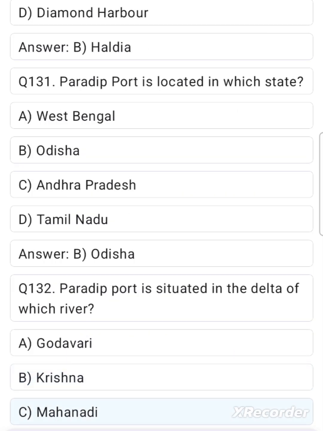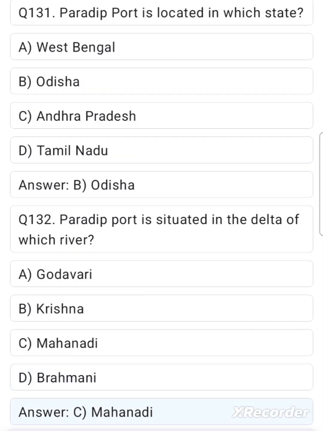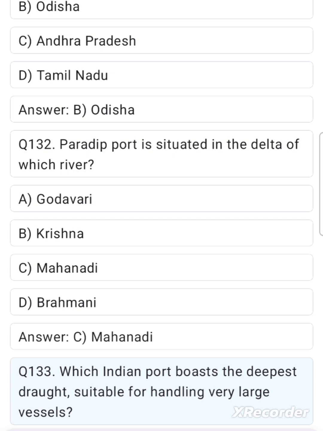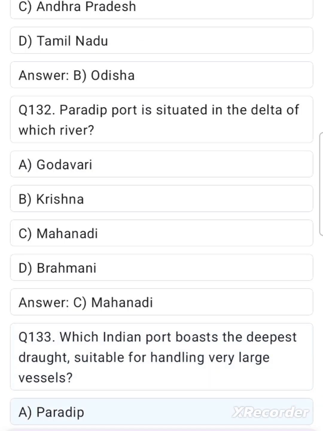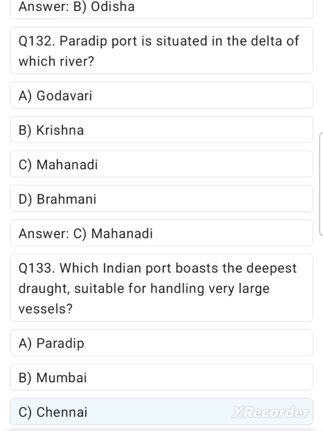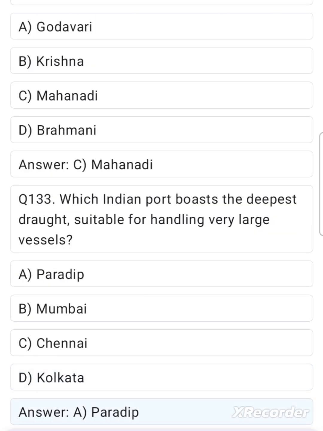C. Mahanadi. D. Brahmani. Answer C. Mahanadi. Q133. Which Indian port boasts the deepest draft, suitable for handling very large vessels? A. Paradip. B. Mumbai. C. Chennai. D. Kolkata. Answer A. Paradip.